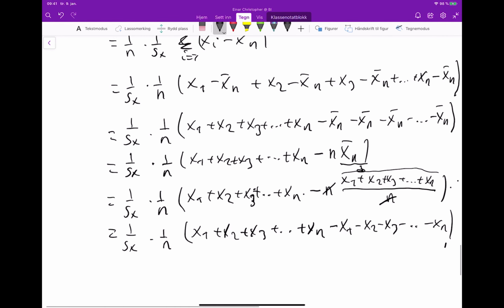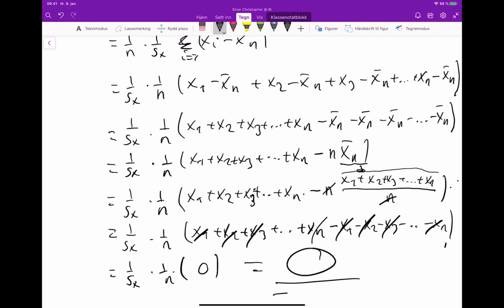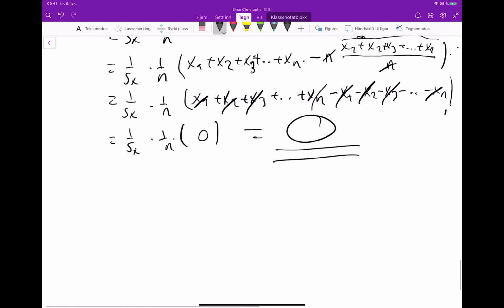Then we see that what's in the parenthesis is actually equal to 0, because x1 cancels out with x1, x2 with x2, x3 with x3, and xn with xn, and we get 0. And of course if we multiply something with 0, we get 0. So that was what we were supposed to show.